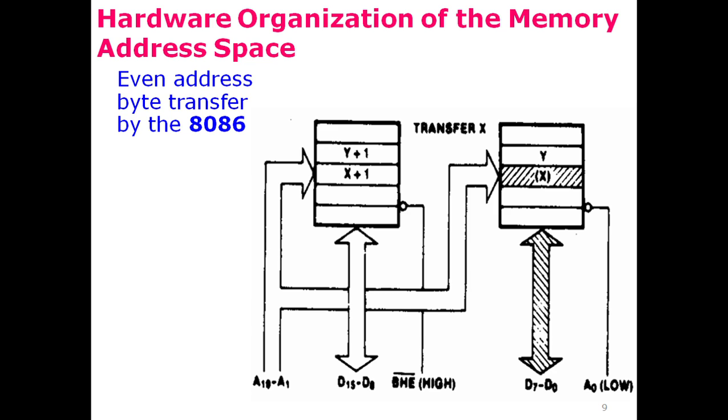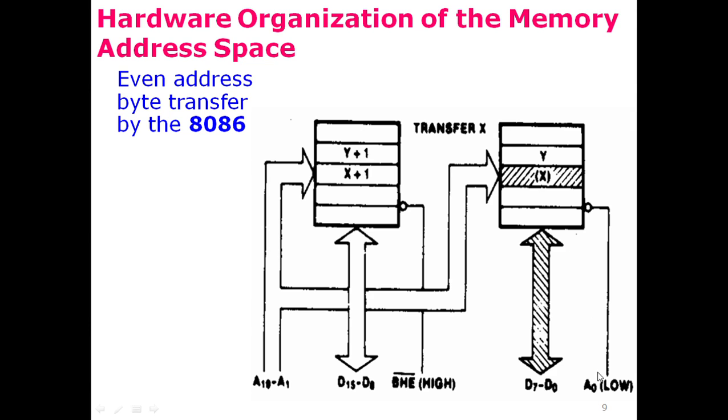While in the case of the 8086 microprocessor, there are two separate memory banks. For example, if the even addressed byte is to be transferred, then this is the even bank and this is the odd bank. If a single byte is to be read or written from the even bank, then the 19 bits provided here would identify a location in this bank and also in this bank, but the bank high enable and the A0 bit would choose only one of the banks.